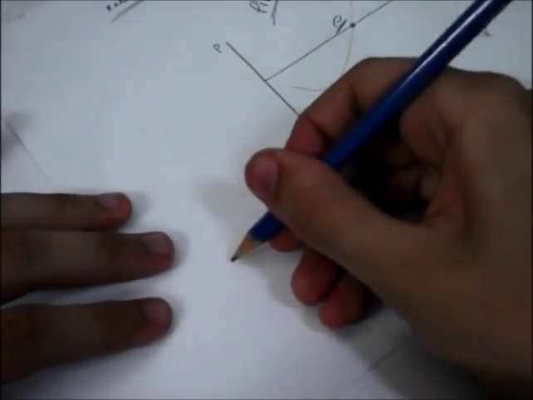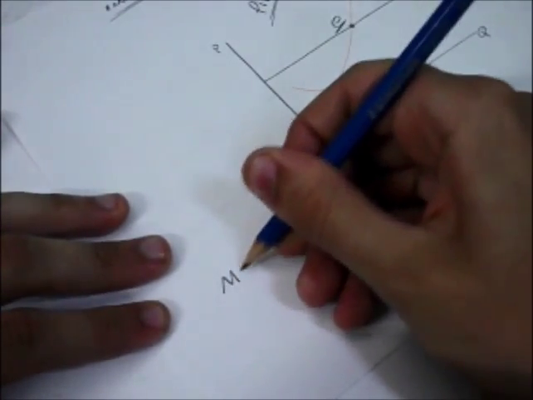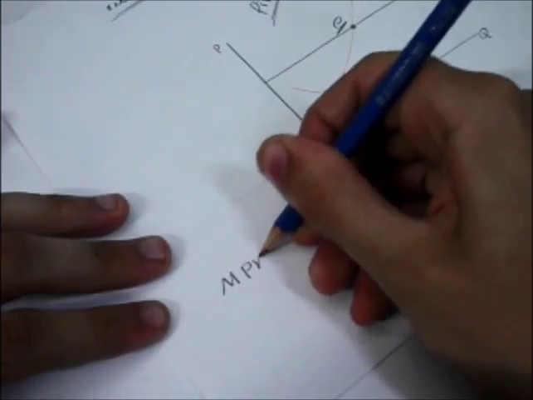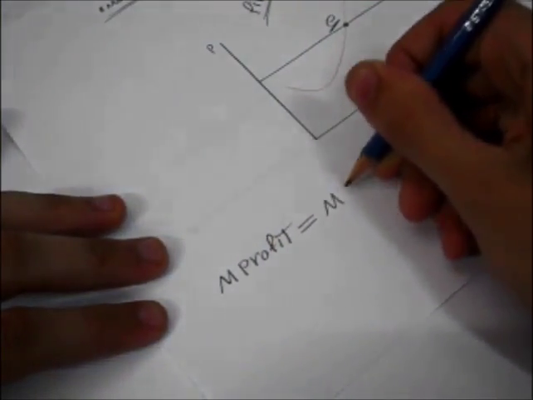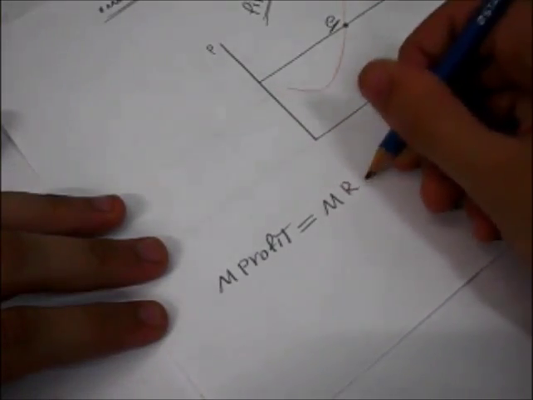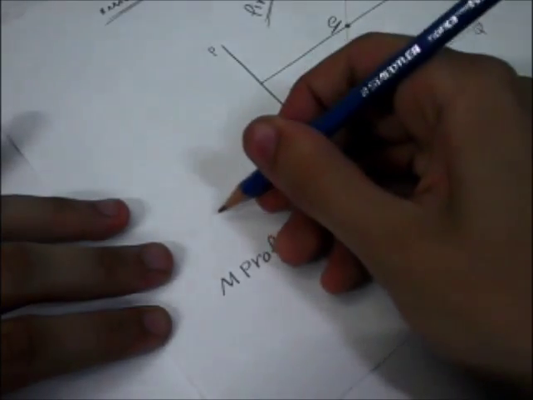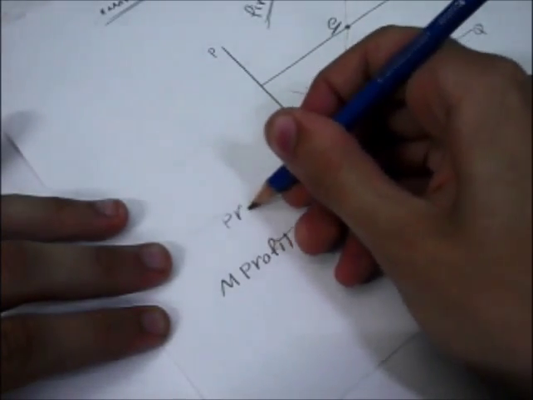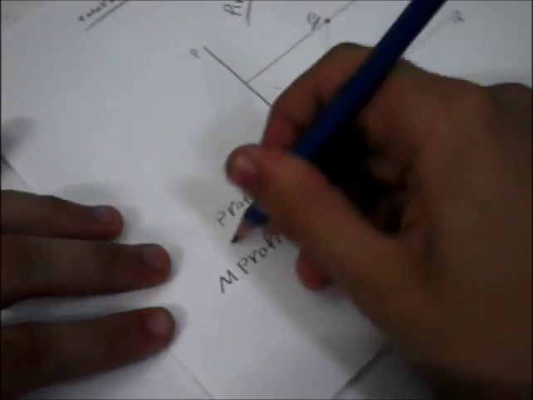So let's just understand it in a mathematical way. We know that the marginal profit equals the marginal revenues minus the marginal cost. That's simple because the profit equals revenues minus the cost.